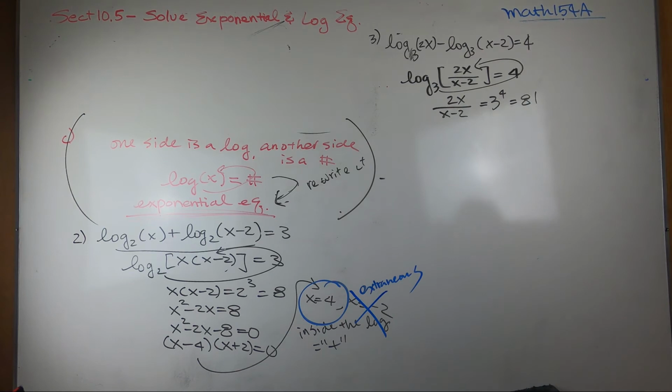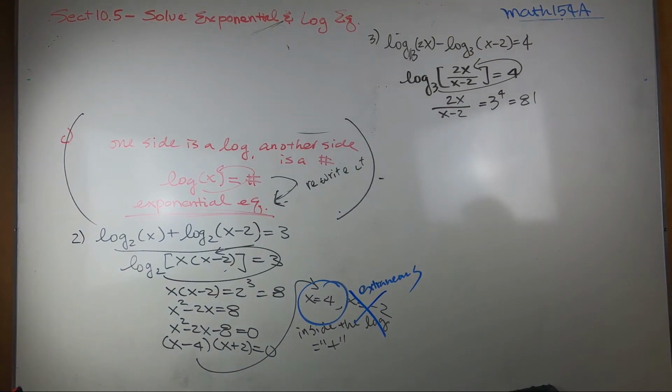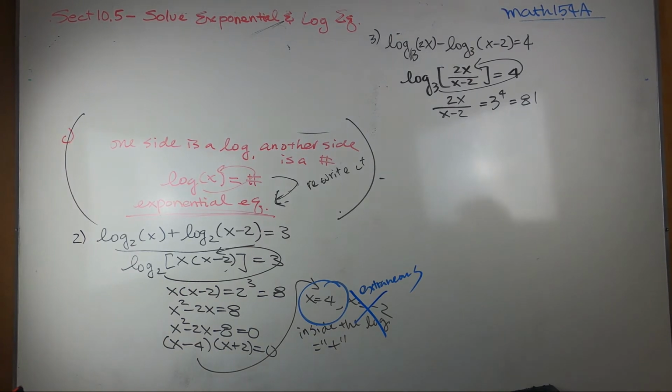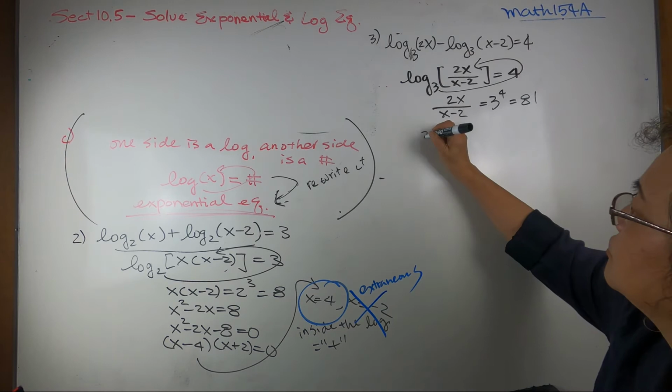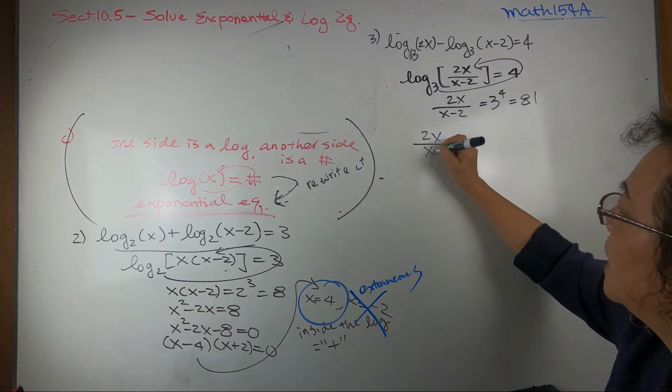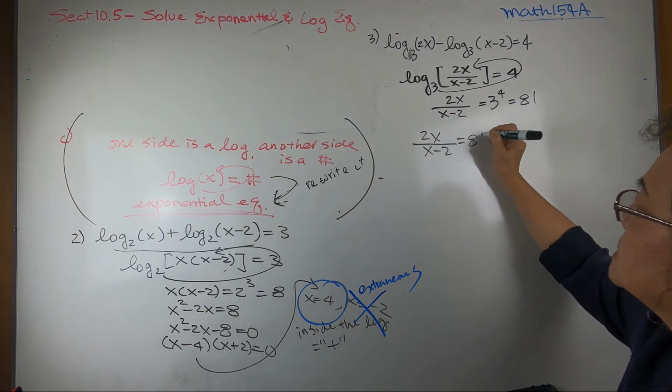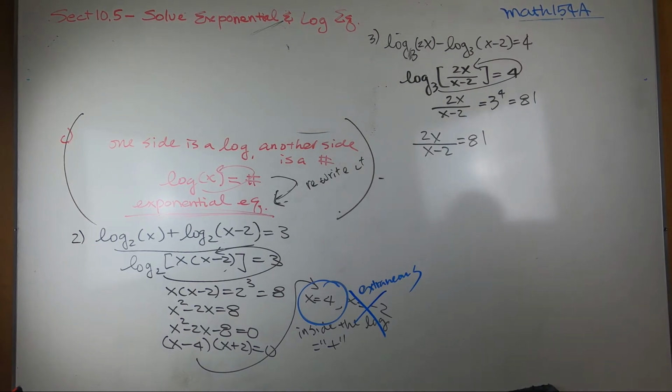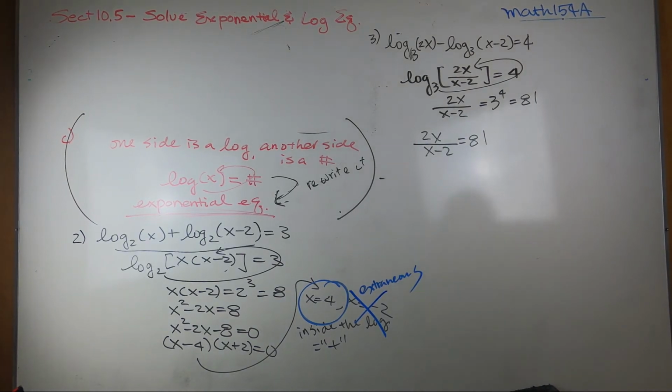What kind of equation do we have? A rational equation. That's why at the beginning we reviewed everything you learned from 152B to solve a quadratic equation, including rational equations and radical equations sometimes.